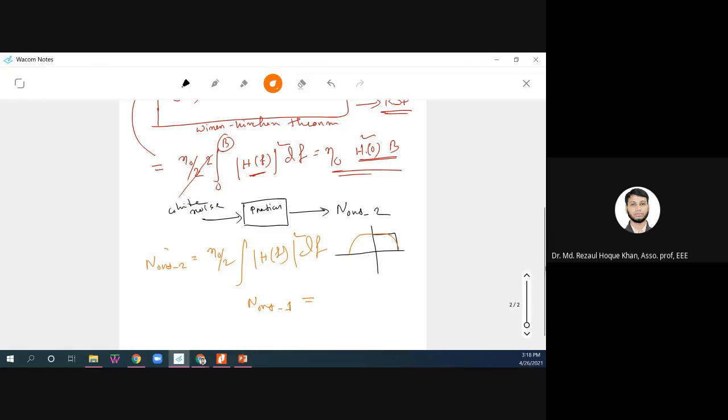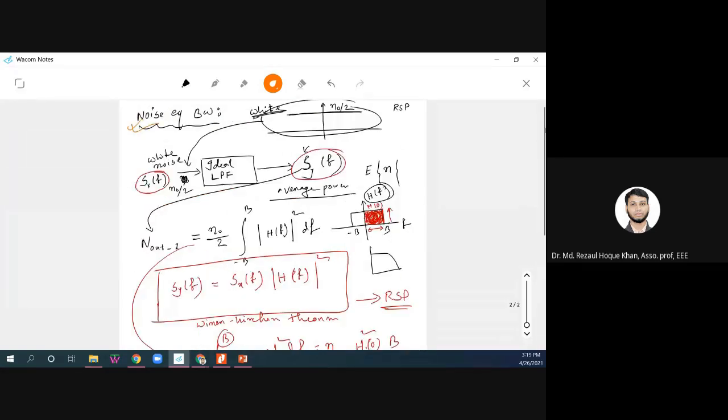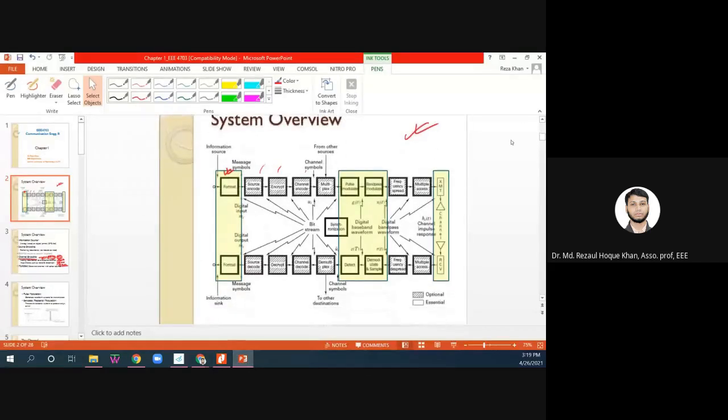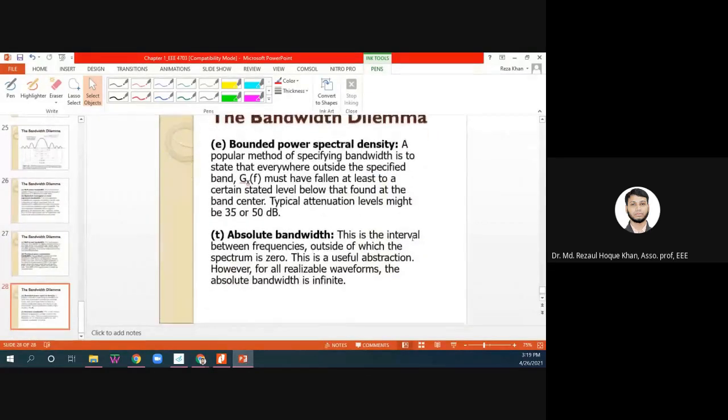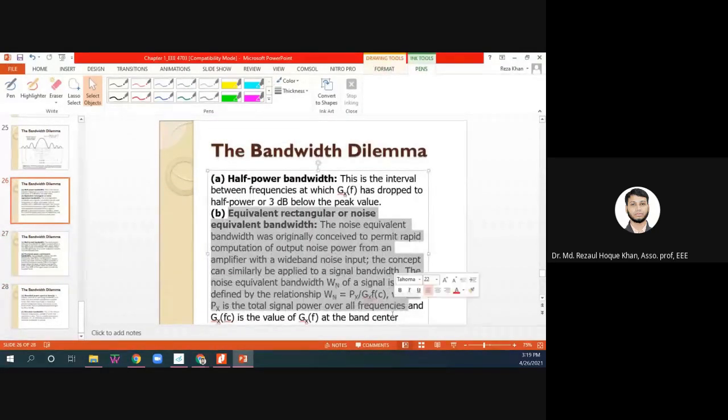If the noise output was N1 and you want to use a practical filter, then your value will be N out 2. For what bandwidth? This is for practical, and this is for ideal. It means we will use the ideal filter, but we will use the bandwidth of the practical one. That bandwidth is called the noise equivalent bandwidth. The details are here, I discuss it from here.